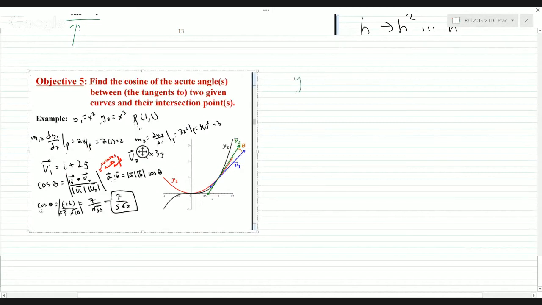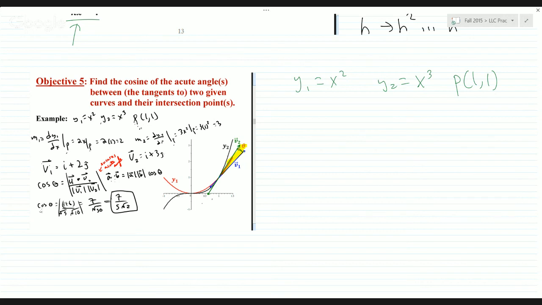Originally they gave us y1 is equal to x squared, y2 is equal to x cubed, and they both pass through the point (1, 1). So we have to find the angle right here. Let me highlight that. We have to find the angle that their tangent curves make right there.